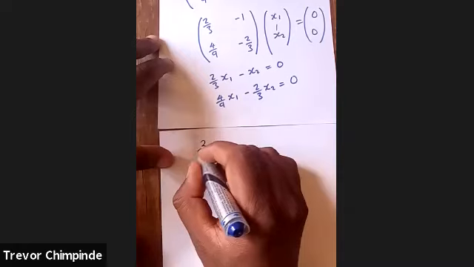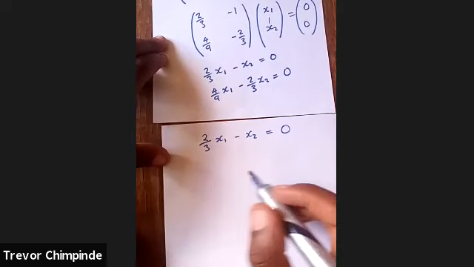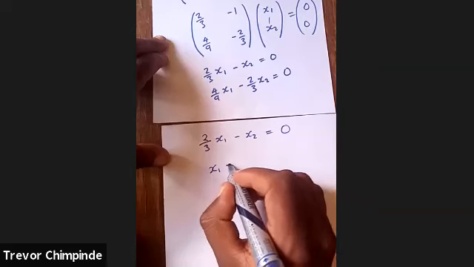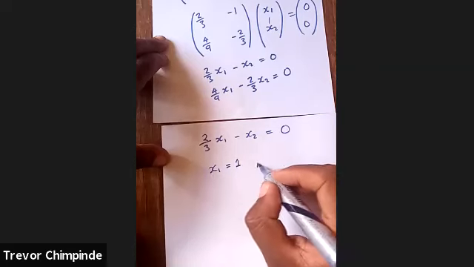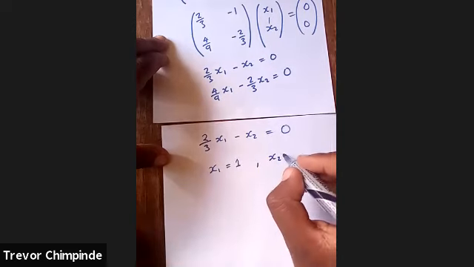Working with this one, 2 over 3 x1 minus x2 is equal to 0. If I let my x1 be 1, it implies that my x2 will be 2 over 3.